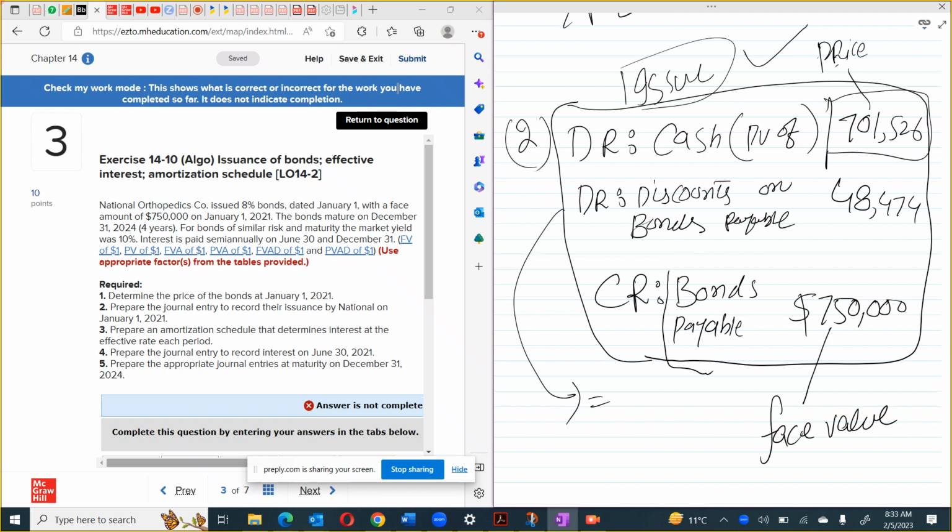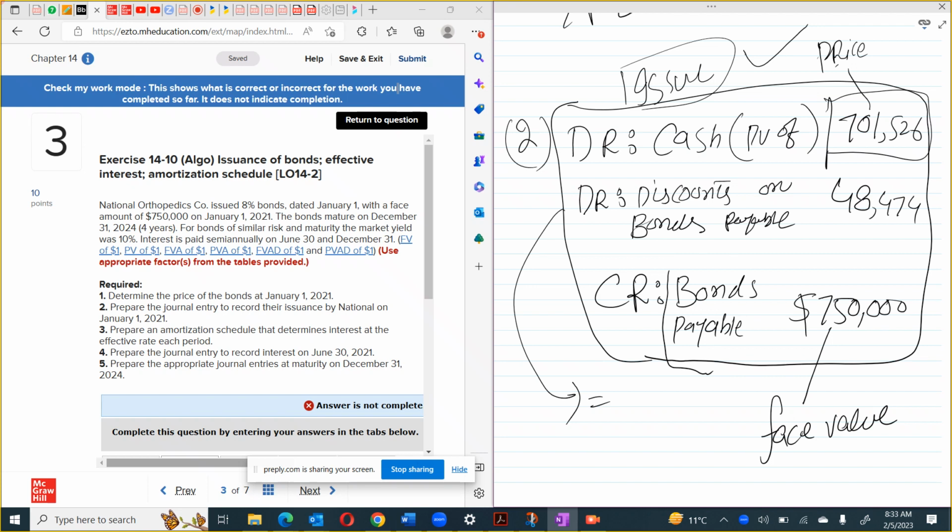When you see issued 8% bonds, this means that this is the coupon rate of the company's bonds. What is 10%? The 10% rate is the rate of other bonds in the market. It's not our rate.